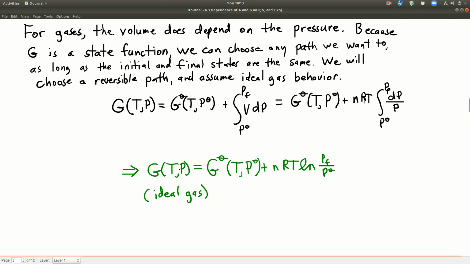And so we get another useful equation: the Gibbs energy at temperature T, usually 298.15 Kelvin, and some pressure is equal to the Gibbs energy under standard conditions, where pressure is 1 bar and temperature 298.15, plus nRT ln of the final pressure over 1 bar. That's going to be 1 bar because it's standard states.